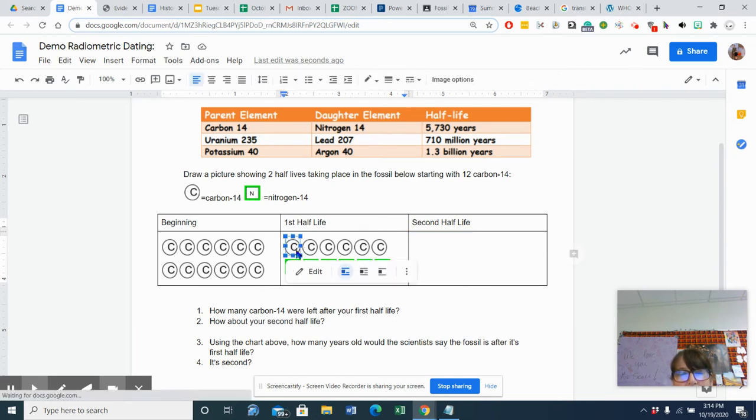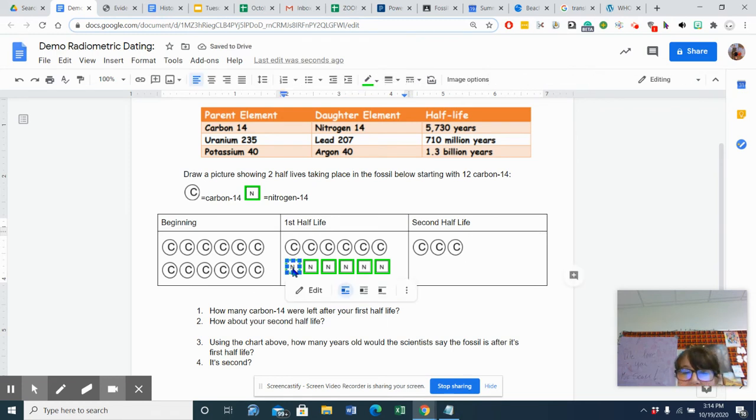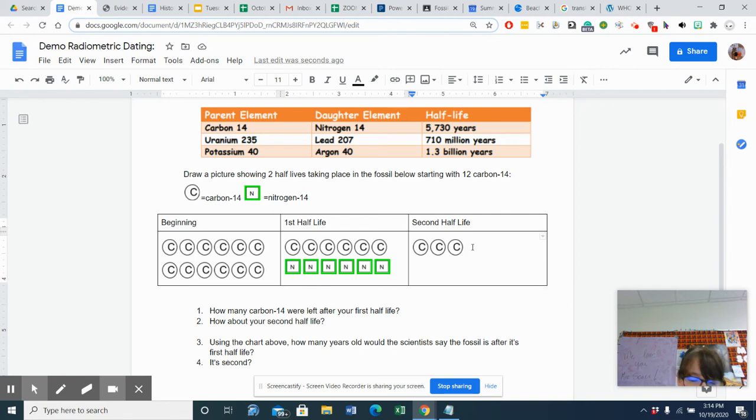So again, we're going to end up with half the carbons, and then the other half will be replaced by nitrogens. You guys understand that I couldn't draw those bones. That wasn't really going to work. That's the second half-life.